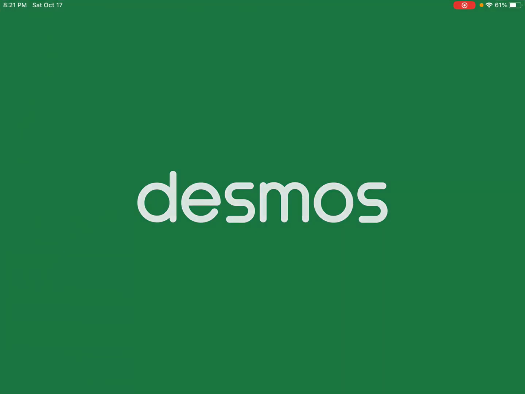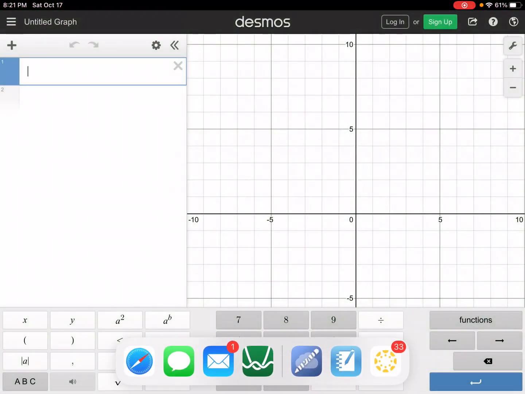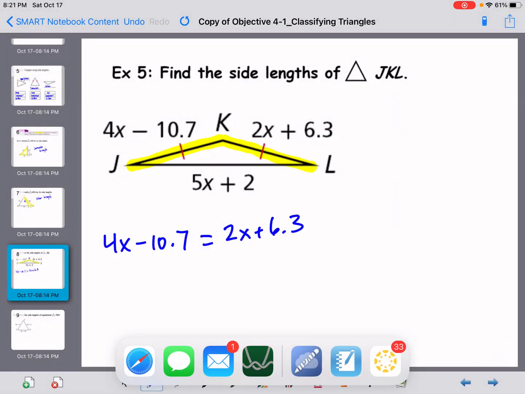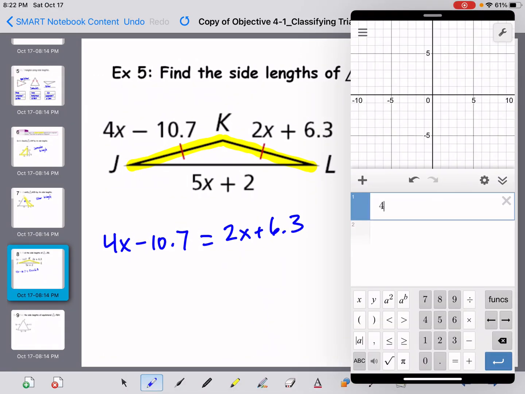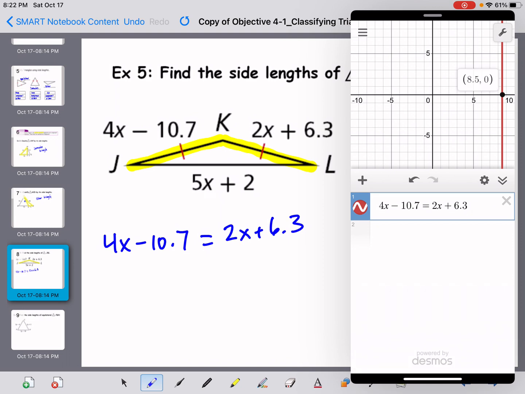So, my handy dandy calculator is going to tell me that 4x minus 10.7 equals 2x plus 6.3. X will equal 8.5.